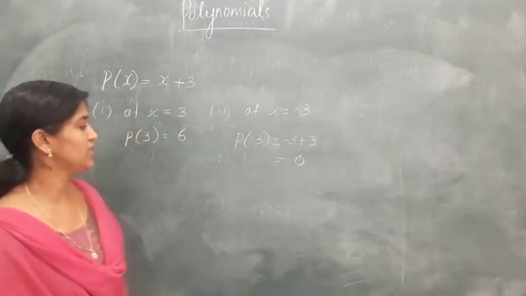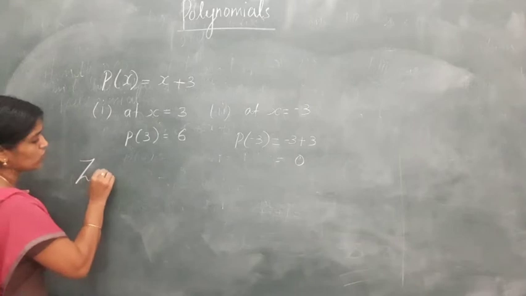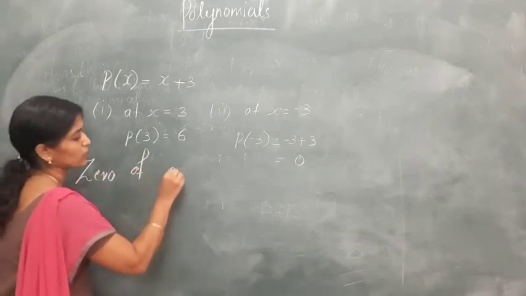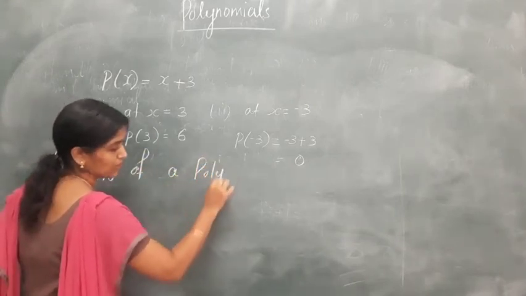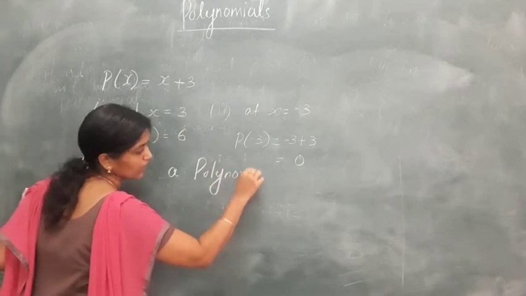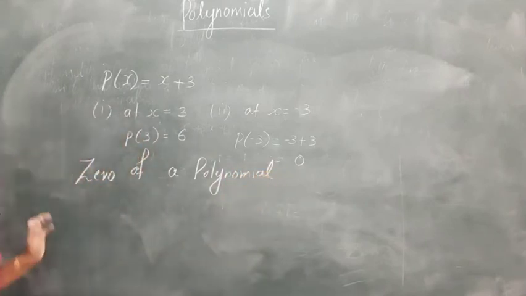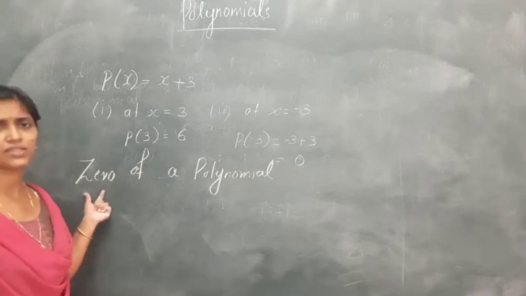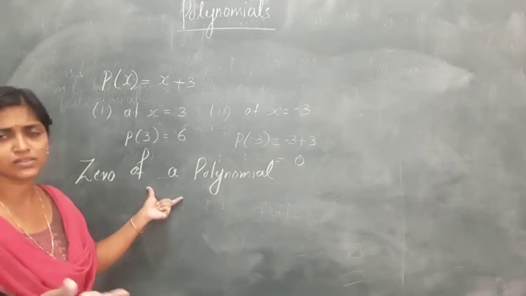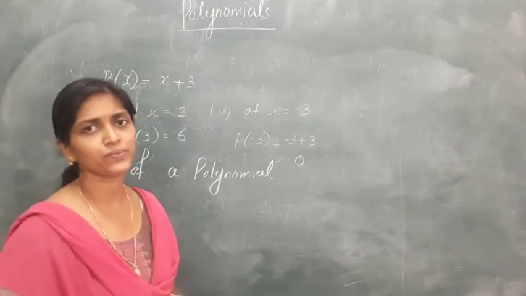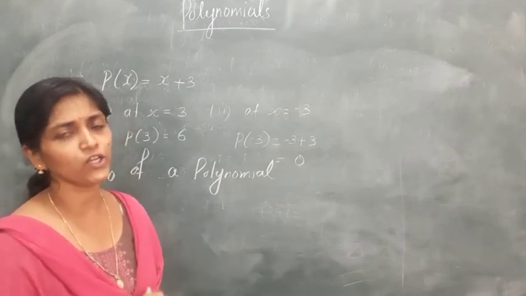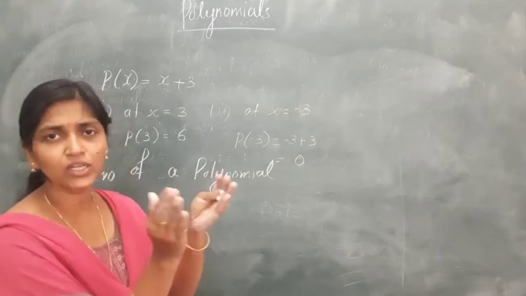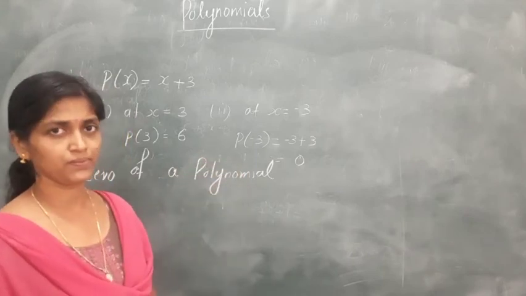The topic is the zero of a polynomial. Important topic, the zero of a polynomial. Always everyone will have confusion. When we hear this word zero, you always have the confusion, what is this zero of a polynomial? The zero of a polynomial is actually dependent on the value of a polynomial.